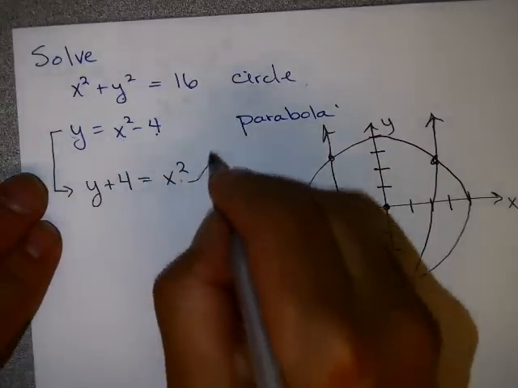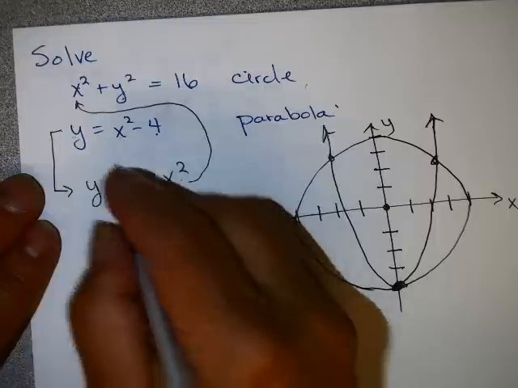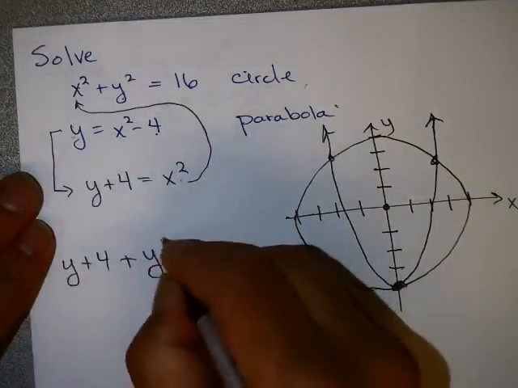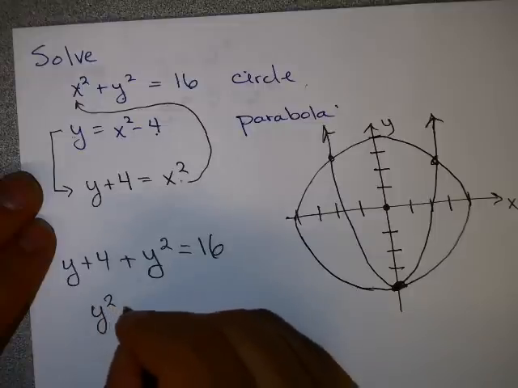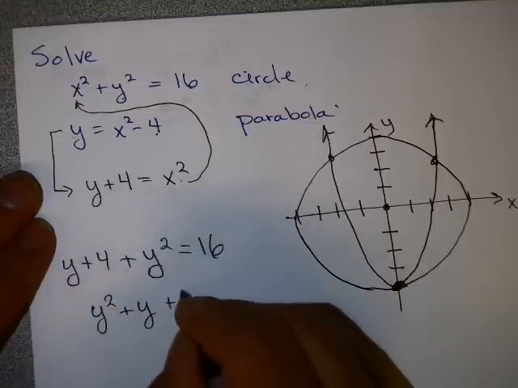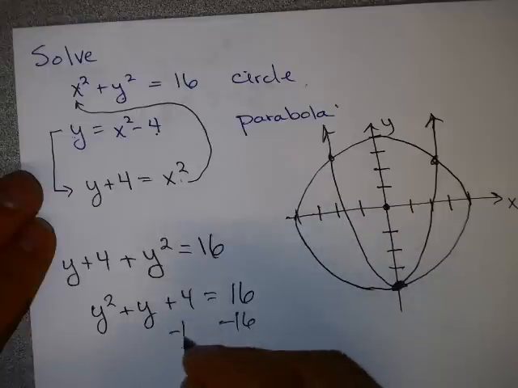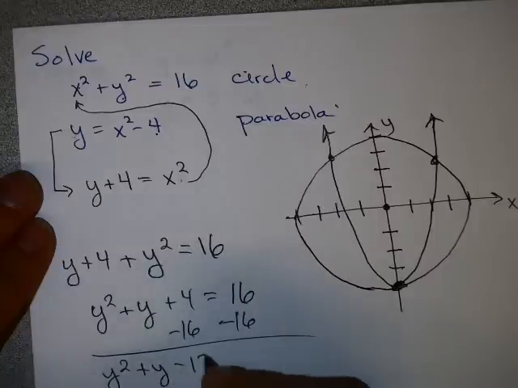Now, replacing this into the second equation, I'm going to eliminate x squared and just write y plus 4 plus y squared equals 16. That gives me y squared plus y plus 4 equals 16. Remember, this has to be 0. Subtract 16. y squared plus y minus 12 equals 0.